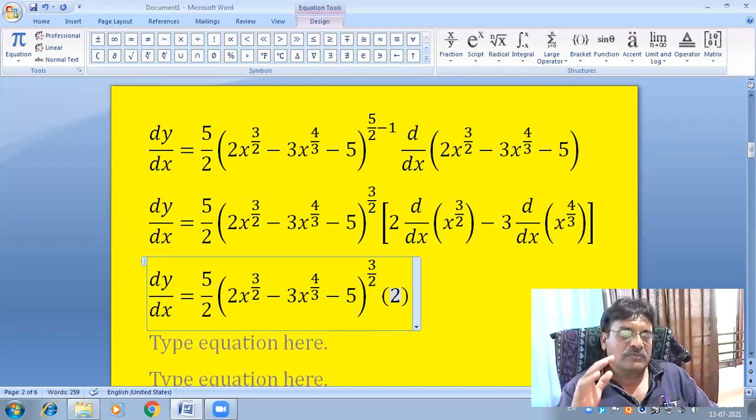Again we use the formula d/dx of x^n is n x^(n-1).